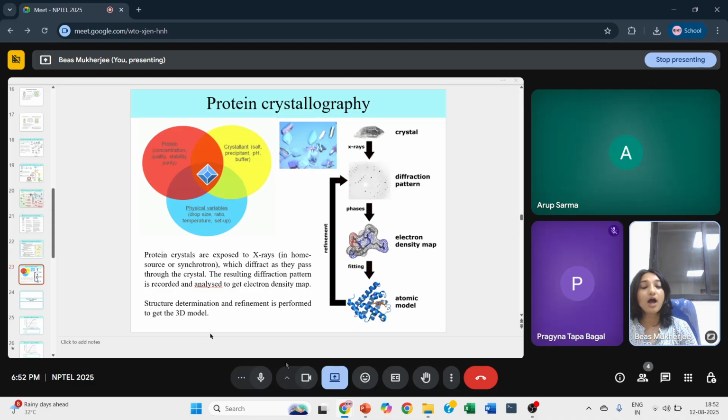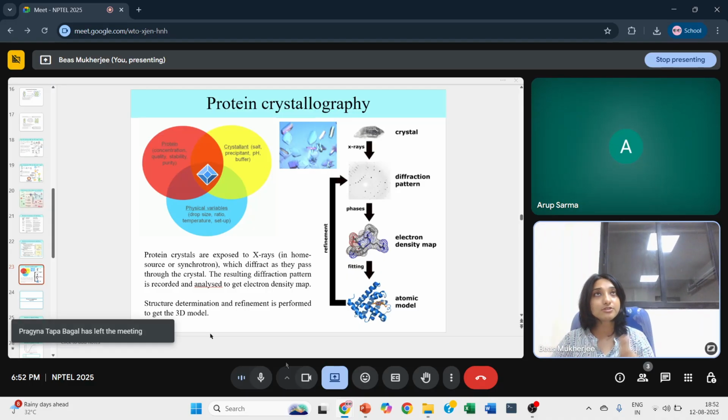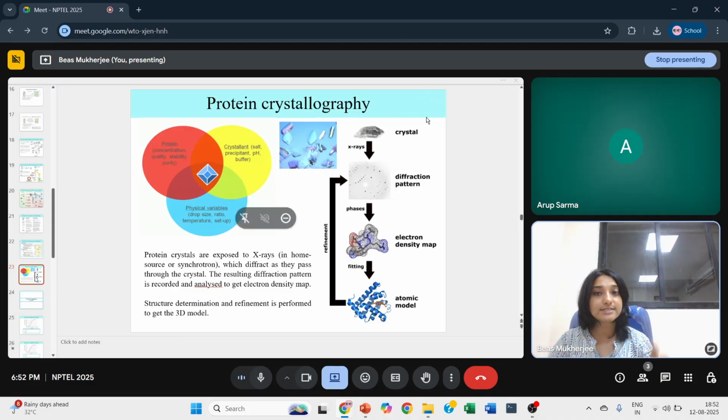So how are crystals made? Protein crystallography is a very difficult process, and you can see in this figure, these are the protein crystals. This is how protein crystals look, and then X-rays are passed through these crystals, and the proteins in the crystals diffract these X-rays, and then the diffraction pattern is studied, and based on that an electron density map is created, and based on the good resolution of this electron density map, what amino acids are present in which position can be found out.